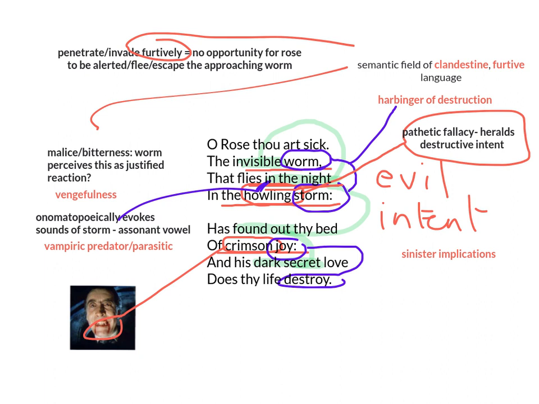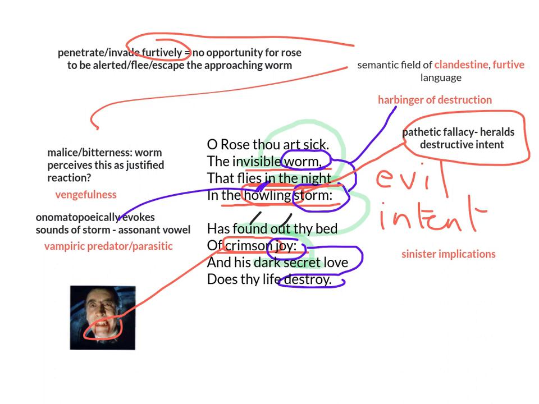Whilst we're on with metrical stress here as well, if you look at the first line of that second stanza and the words found out, again, as we highlighted previously, we have a spondaic metrical stress on the two words found out. So why are they possibly emphasised?